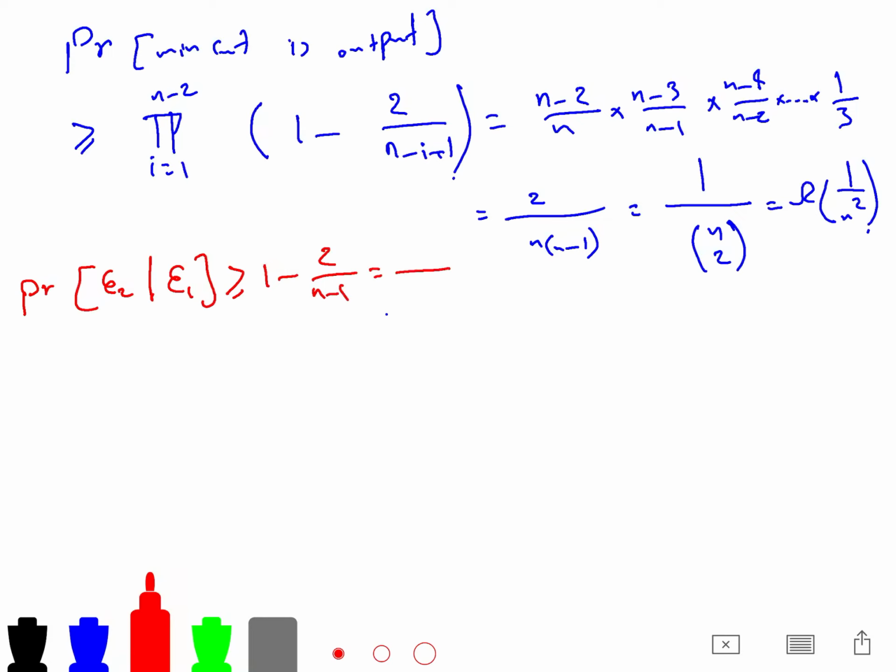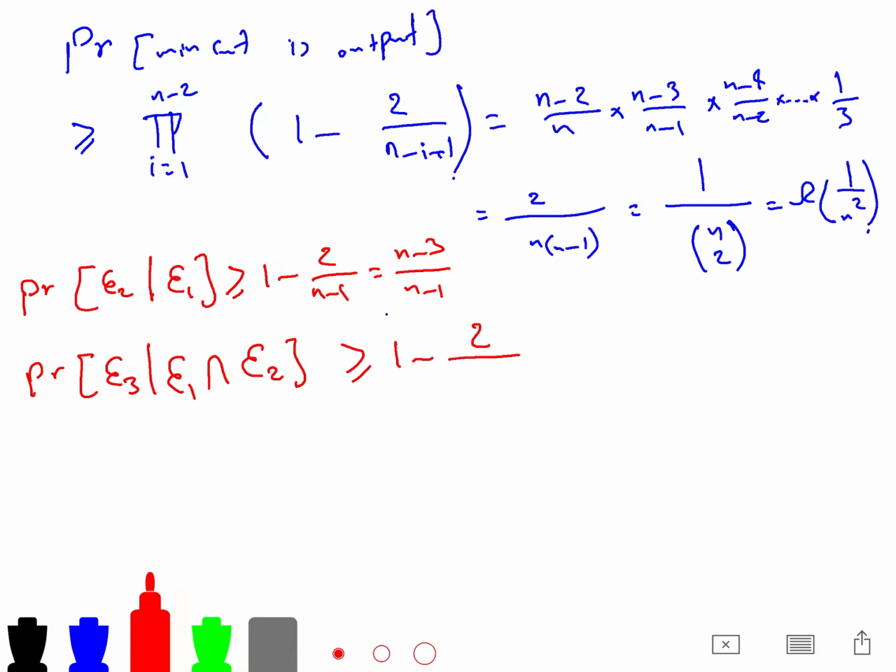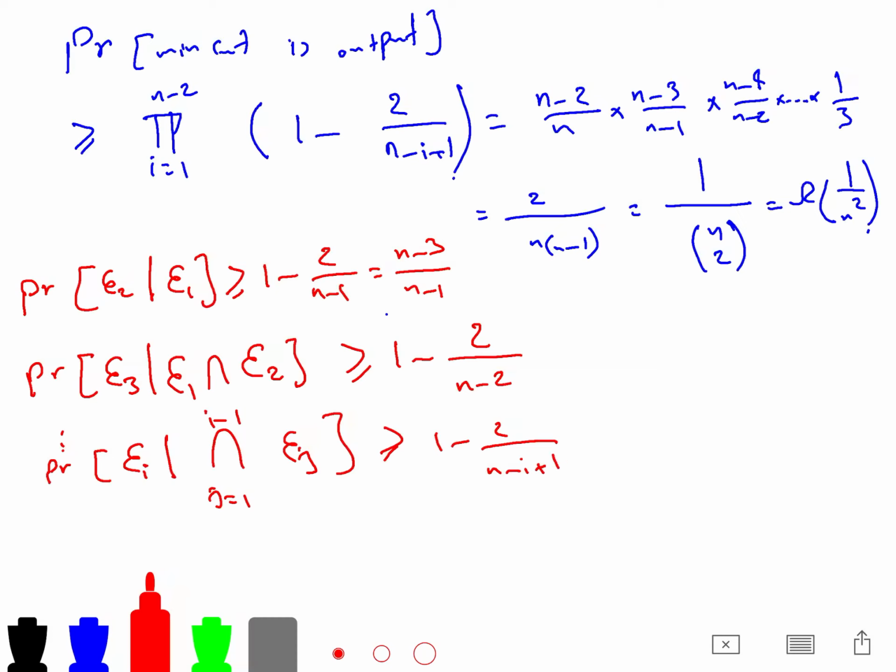The probability of E3 conditioned on the intersection of E1 and E2 is greater than or equal to 1 minus 2 over n minus 2. And the same thing happens for the probability of Ei conditioned on Ej for j from 1 to i minus 1, which is greater than 1 minus 2 over n minus i plus 1.